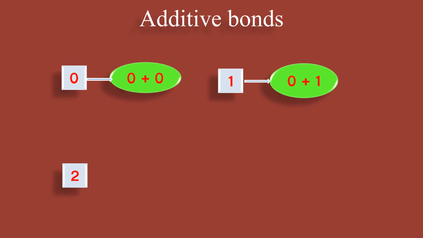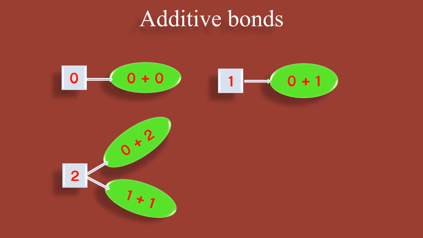Now, when it comes to 2, there are two ways of constructing 2 by adding two whole numbers together. First method is when I add 0 and 2 together, you can get the answer 2. And then when I add 1 and another one together, that means 1 plus 1, once again you can get 2. Then we'll consider 3. When you add 0 and 3 together, you can obtain 3.